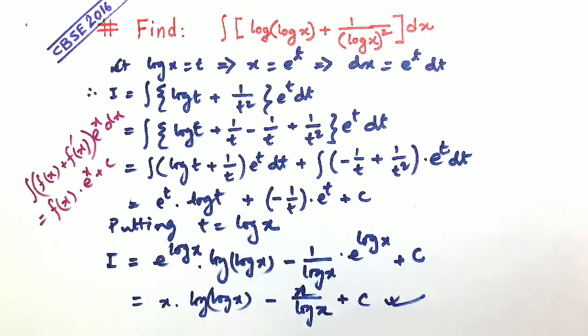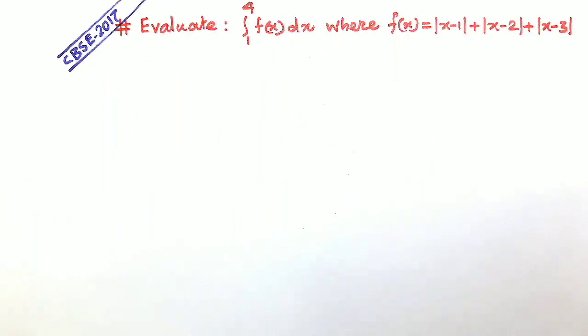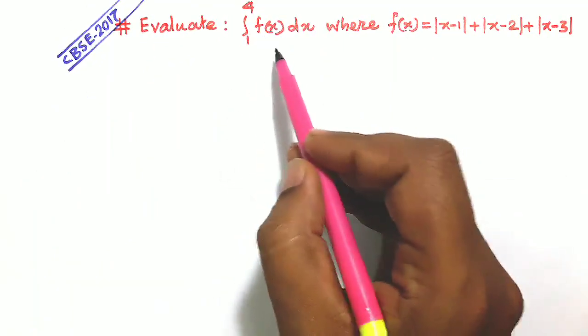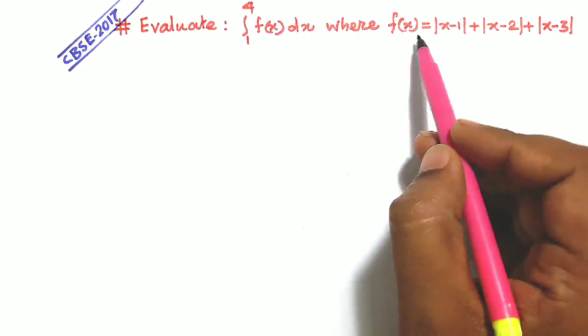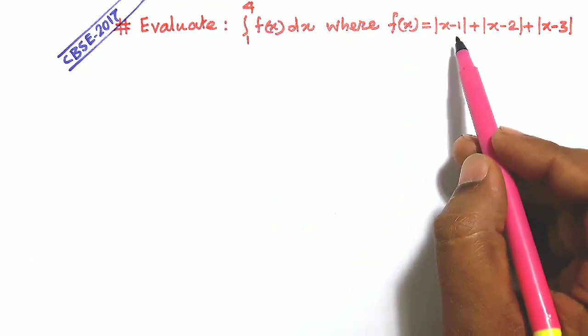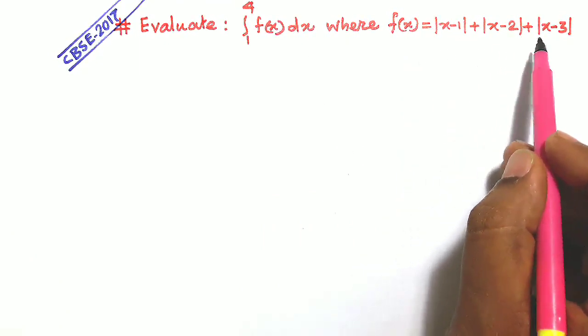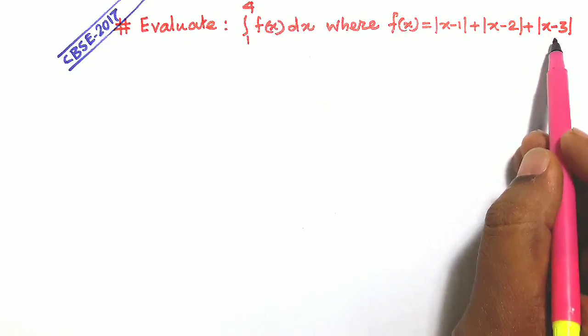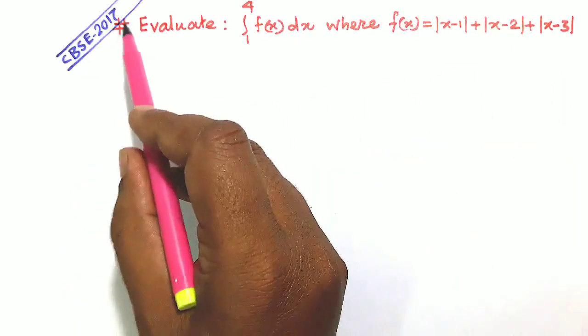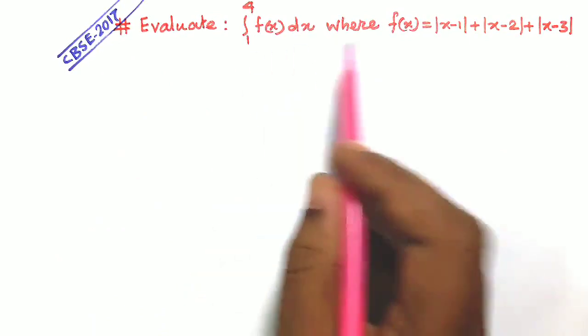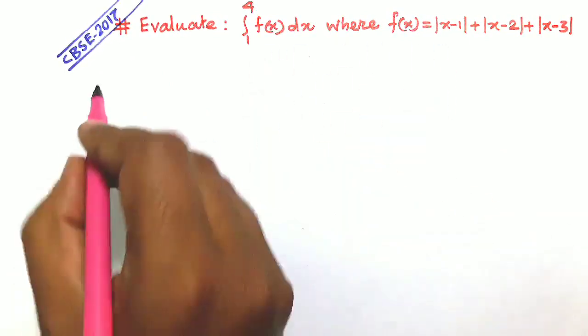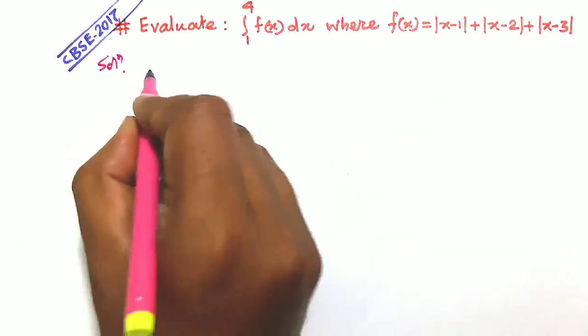You now see the next example. The next question is: evaluate the integration from 1 to 4 of f of x dx, where f(x) is equal to modulus of x minus 1 plus modulus of x minus 2 plus modulus of x minus 3. It is taken from CBSE 2017 and it is a very important question. Friends, the solution is this one.